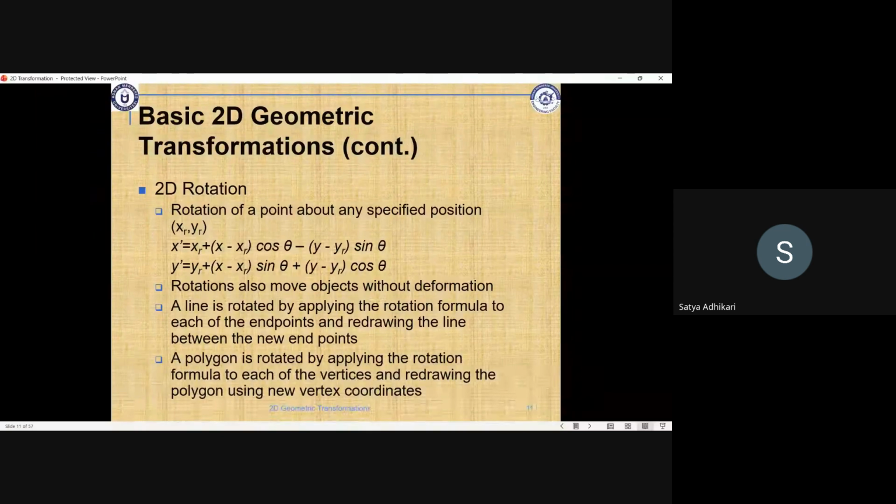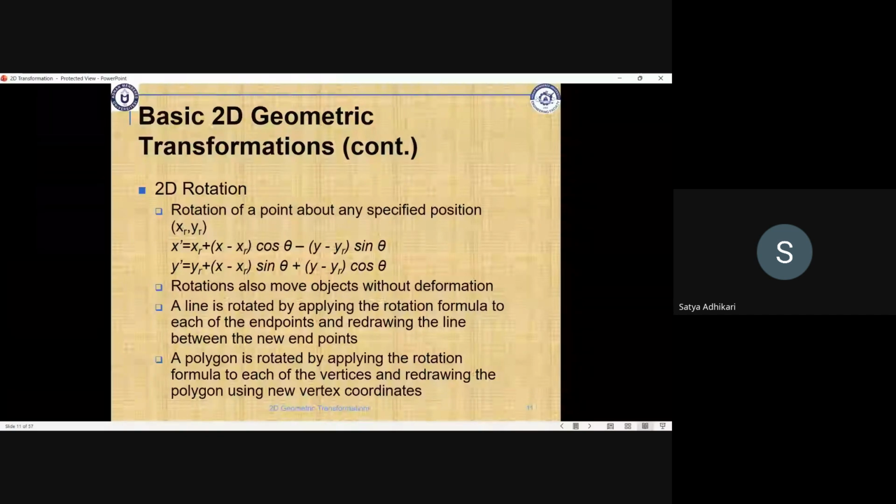Similarly, a polygon is rotated by applying the rotation formula to each of the vertices and redrawing the polygon using the new vertex coordinates. This is the same as in the case of translation, where we translate each point of a polygon and then redraw it.